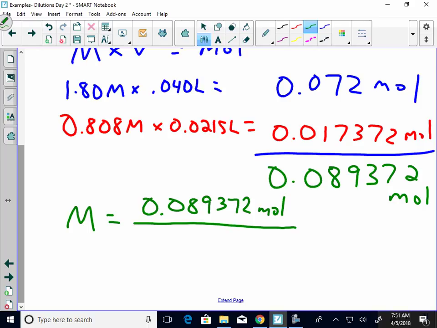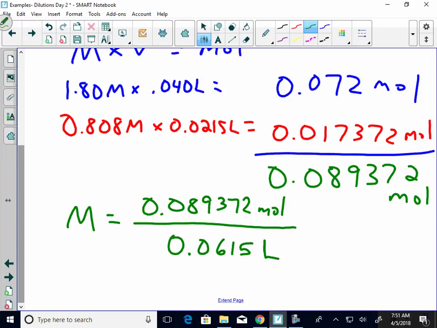Well, I started out with 40 milliliters of one, and I added to it 21.5 milliliters. But since I have those in liters, I get 0.0615 liters, correct?